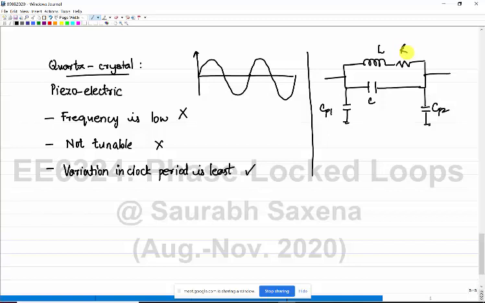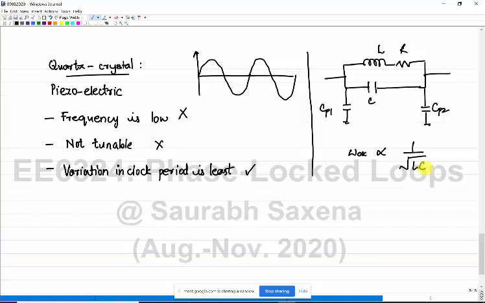You will see that this frequency of oscillation is inversely proportional, so omega of oscillation is inversely proportional to root LC. This means that if I want to increase the frequency of oscillation, I have to reduce the inductor and capacitor value.